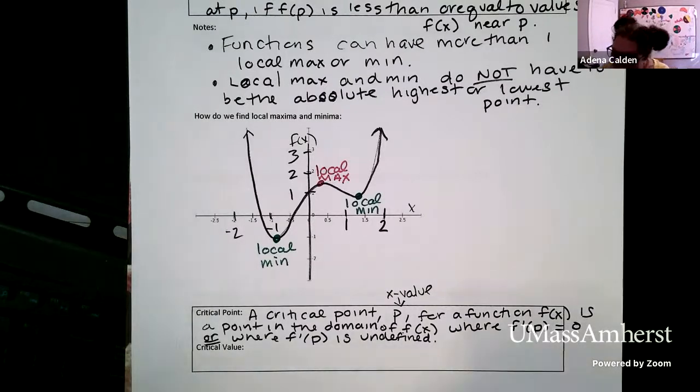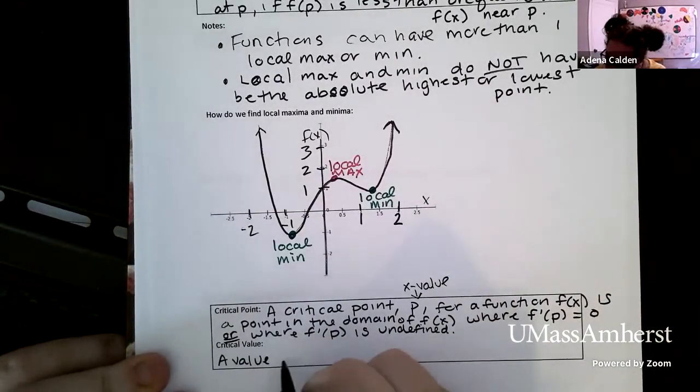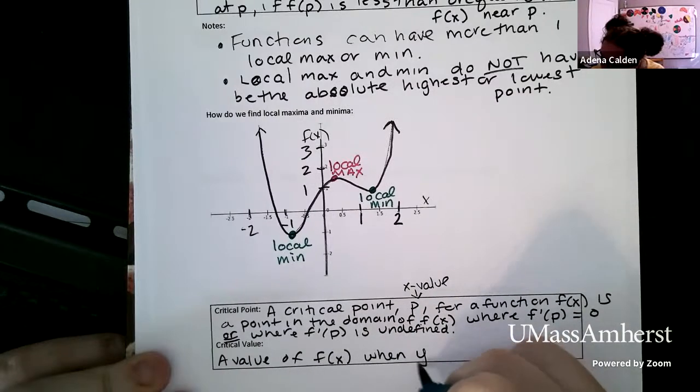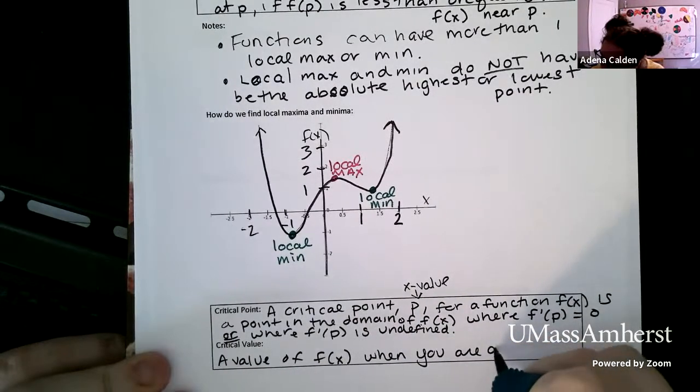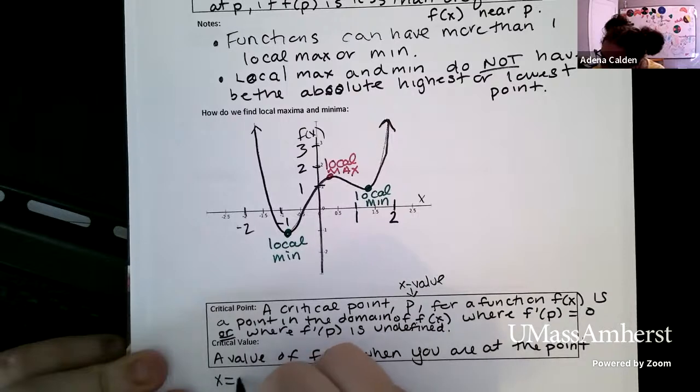Okay, the critical value is a value of f of x when you are at the point x equals p.